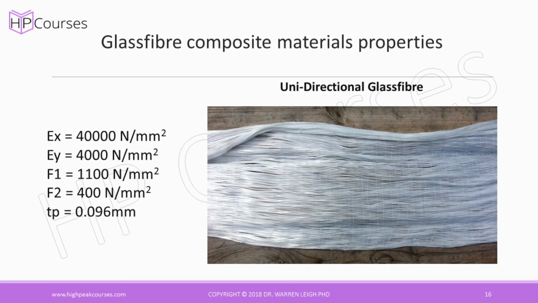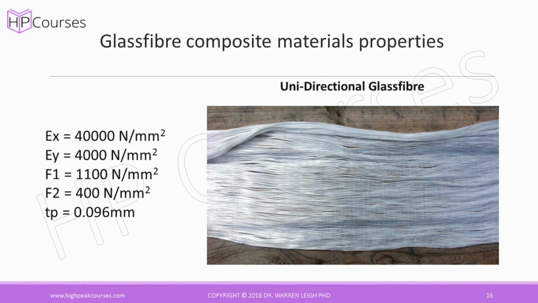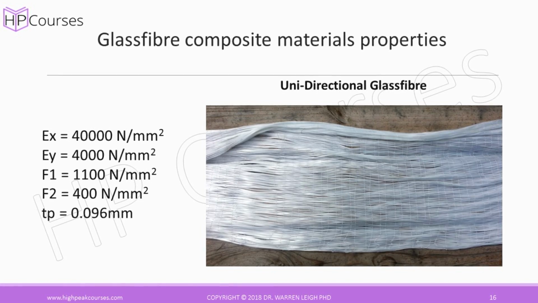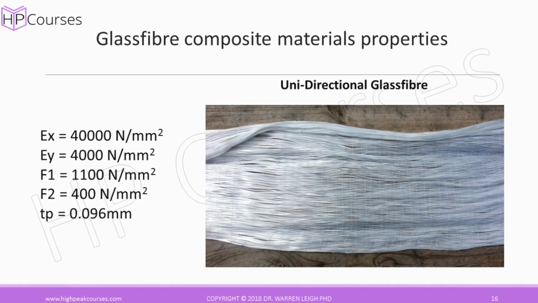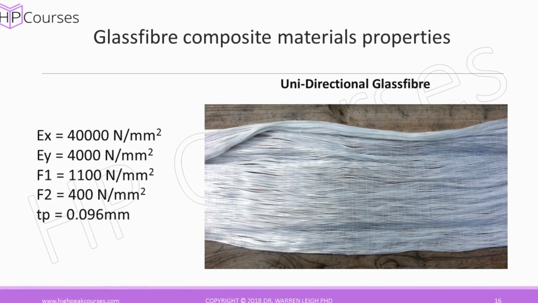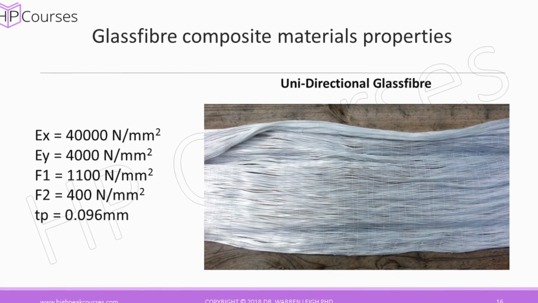Next, we require glass fibre material properties. I'm going to use published data. Unidirectional glass fibre composites gives a Young's modulus in the x direction 1 of 40,000 newtons per millimetre squared. Young's modulus in y direction 2 of 4,000 newtons per millimetre squared.